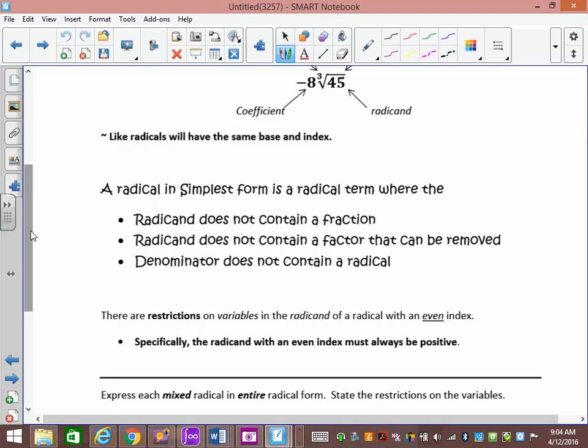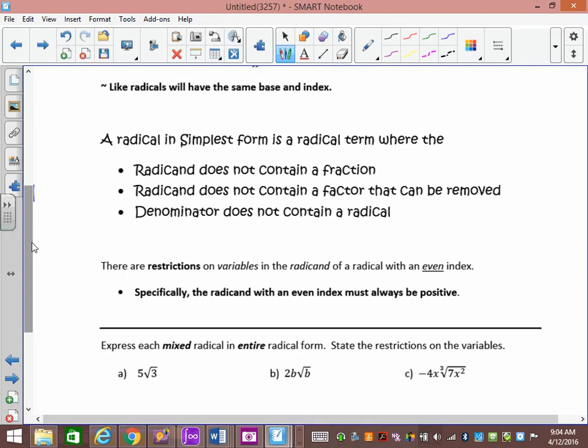A radical in simplest form is a radical term where the radicand does not contain a fraction, the radicand does not contain a factor that can be removed, and the denominator does not contain a radical. So this is simplest form. These three things. Your radicand can't have a fraction. So what's underneath the radical sign can't be a fraction. Why?